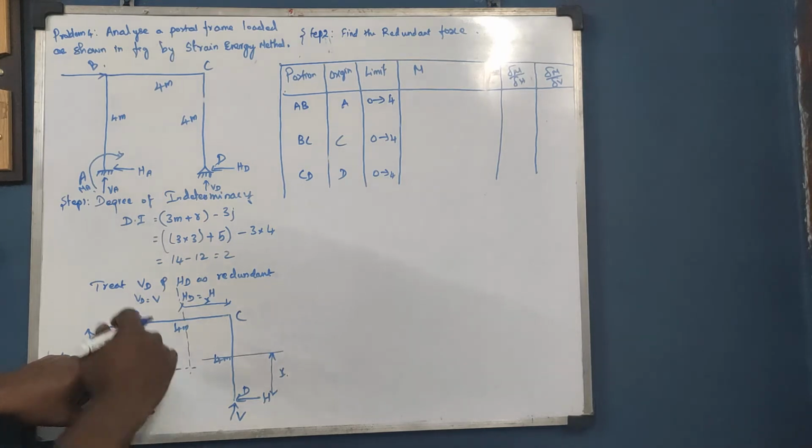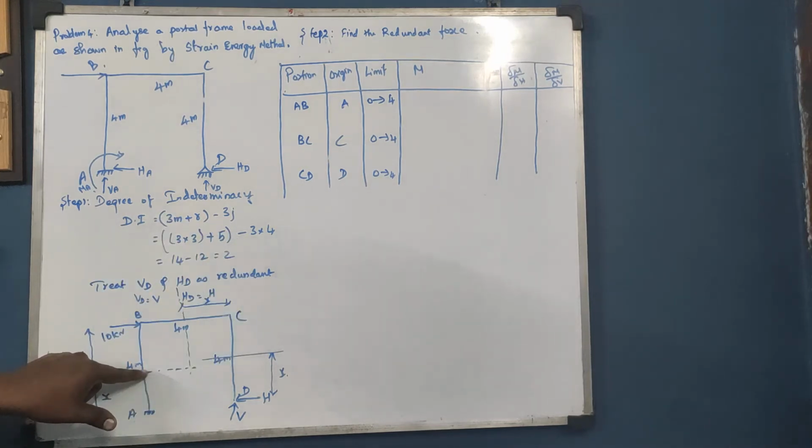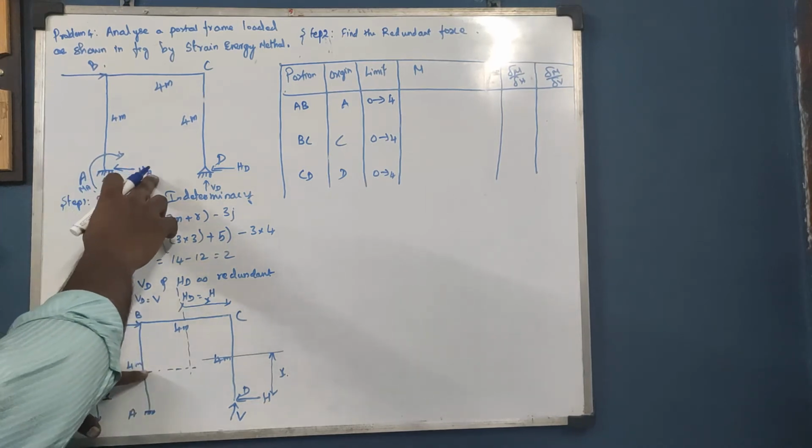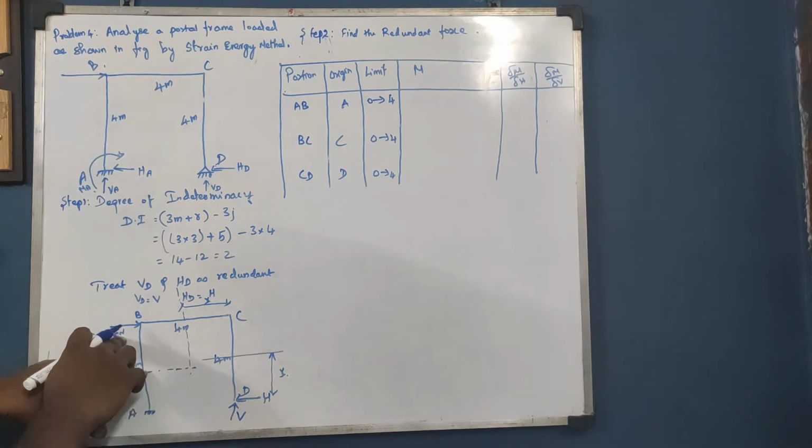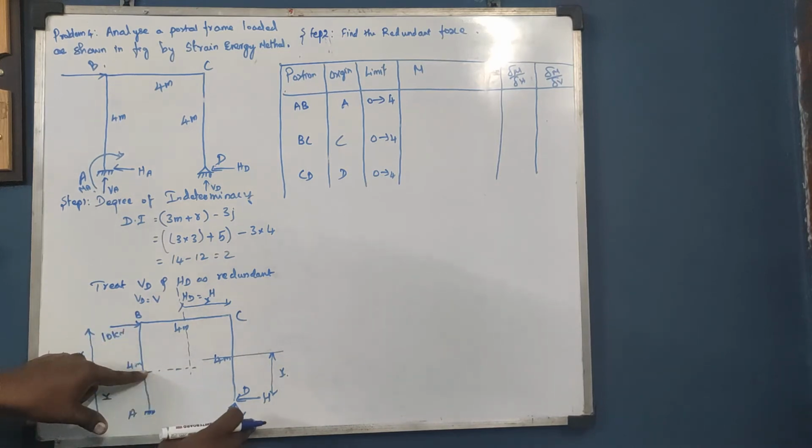Since we can consider above the section or below the section, and since there is no force, we didn't calculate VA, HA and MA, so we can go for above the section. Above the section we have one 10 kilonewton load, one V and one H.